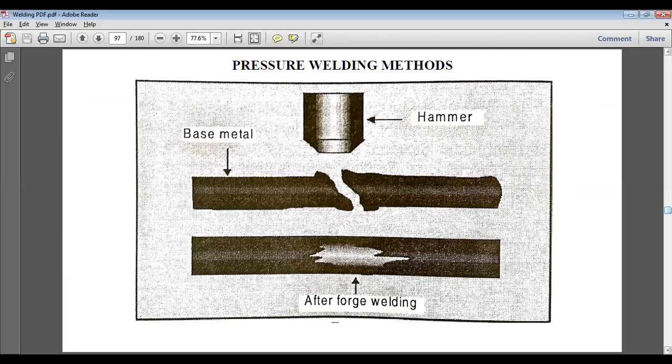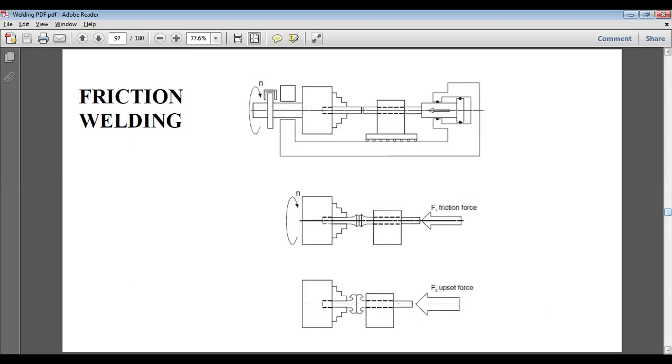This is also called forge welding. In this method, little or normal heat is applied, and the two metals are joined by hammering them together. This is called forge welding.